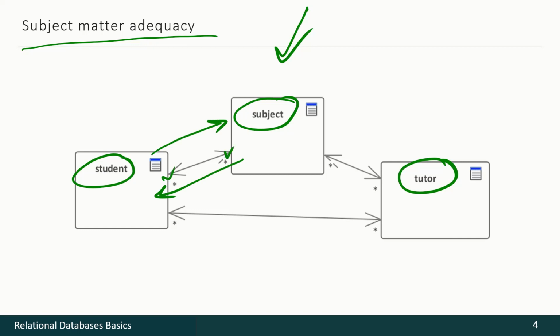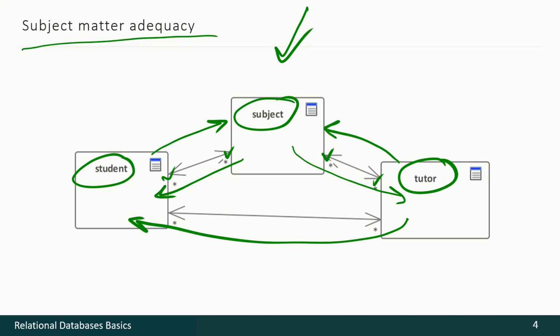A tutor may deliver lectures on different subjects, and each subject may be delivered by a lot of tutors, so many-to-many relationship is okay here. And each tutor may teach a lot of students and each student may be taught by a lot of tutors. So many-to-many relationship is okay here.